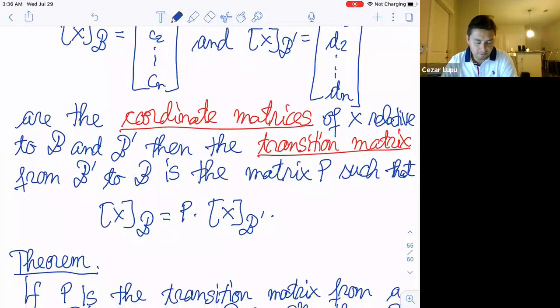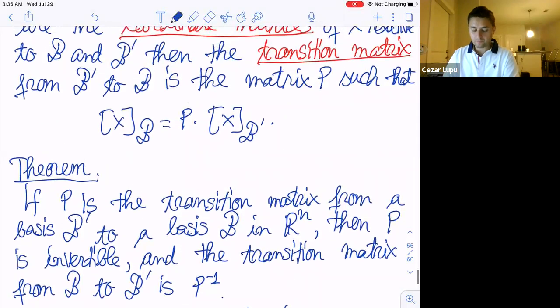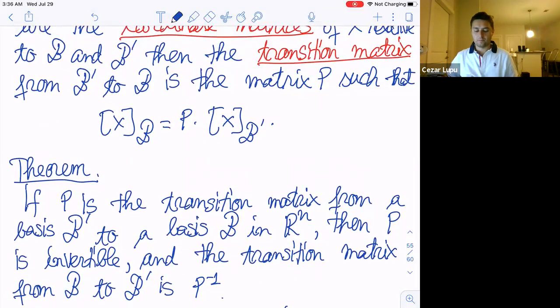Okay, that's pretty much what we have talked about. And now we have the following theorem. If I have a matrix P, and this is the transition matrix from a basis B prime to a basis B in Rn, then this matrix P is invertible.